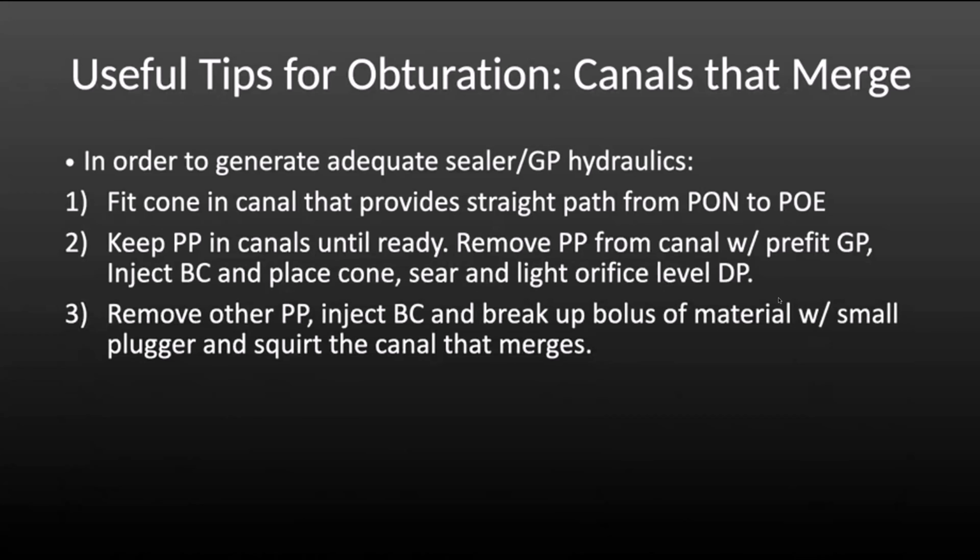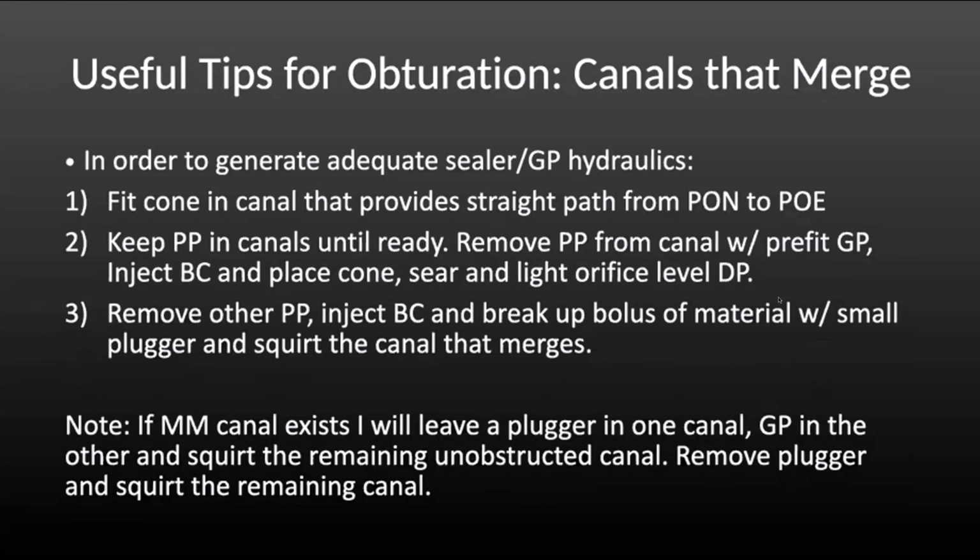So it's basically a squirt technique. If there's a mid-mesial, so if there's, let's say, 3 canals in the mesial system, what I'll tend to do is fit one cone, then place the plugger in, let's say, the mesiolingual, then backfill the mid-mesial, remove the plugger, and then backfill that last pathway.